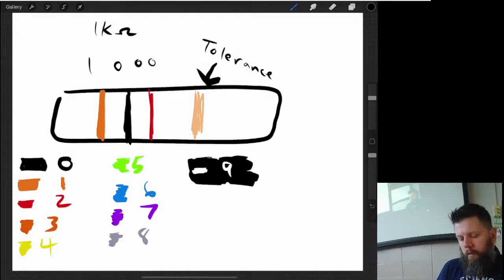Okay. What category do you want? It depends on what you're working on. Usually you'll see something like category rated at 3 for 600 volts, or 1,000 volts, and then 4 for 600 volts. That's how much it can take before it becomes a hand grenade.